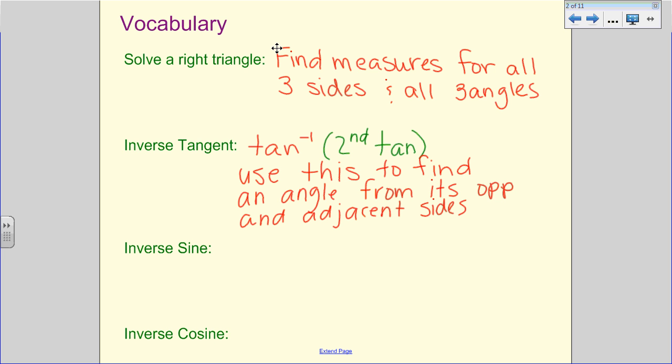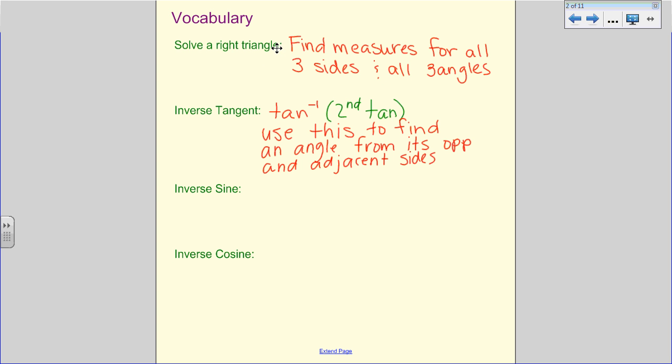What do we think the definition then for inverse sine would be? Yeah, it's going to be sine with a -1. So that means we're going to go to second sine.